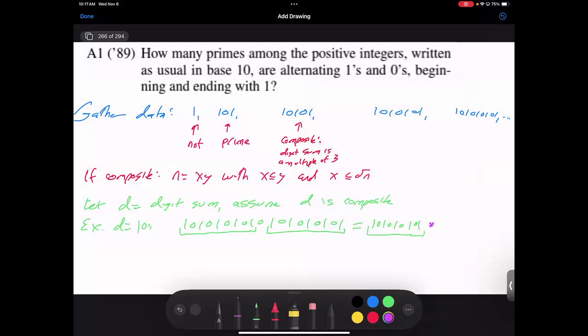Well, if I want to show that the number with 10 ones is composite, one way to do it is to give a factorization. So if I can give a factorization, then I know the number is composite. 101 doesn't have enough zeros between the ones.